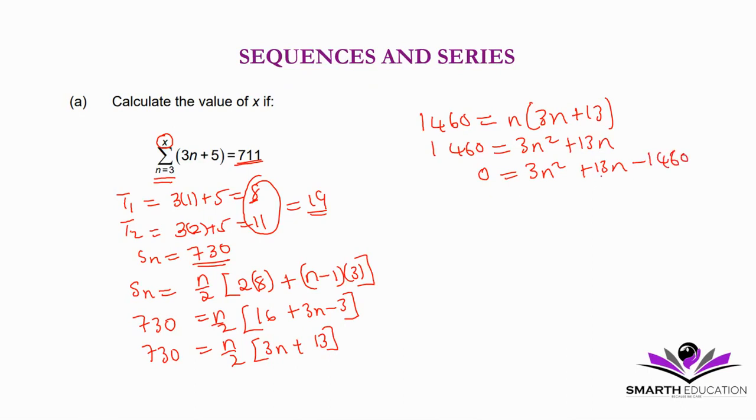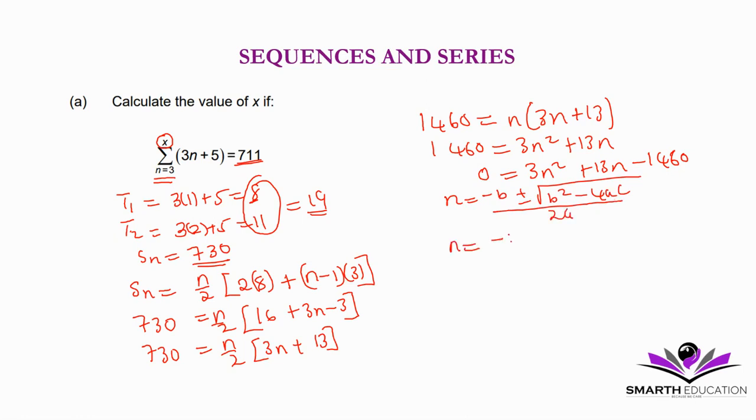Okay, we can use our quadratic formula here. It will be easier, I think. N is equal to negative b plus or minus the square root of b squared minus 4ac over 2a.